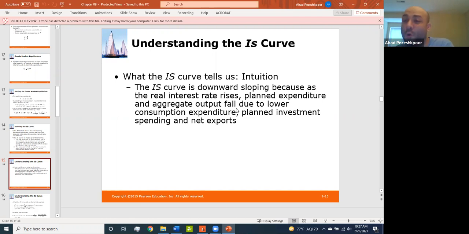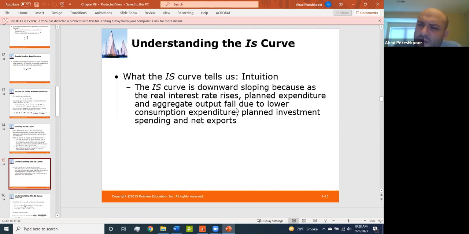So your investments would go down. Also, if your interest rate goes up, your currency will be more in demand and more valuable, and you won't be as competitive. Therefore, your exports would go down. So if you're a politician, you would look at interest rates like, oh my God, this thing doesn't have any benefits.